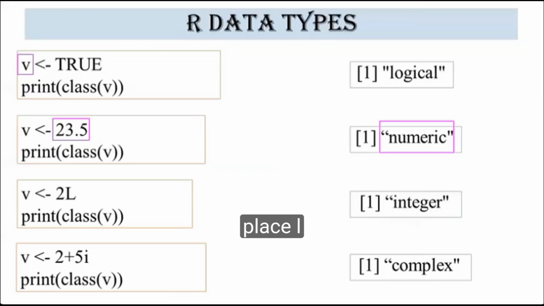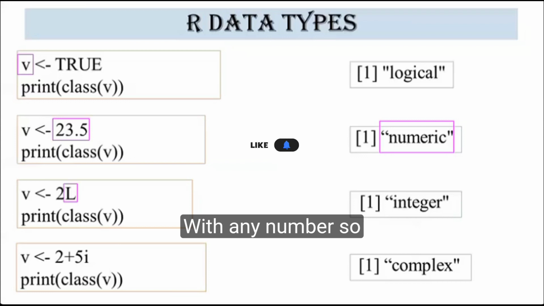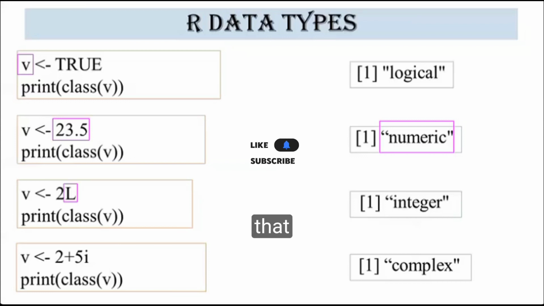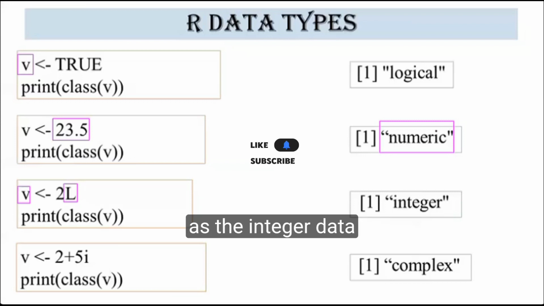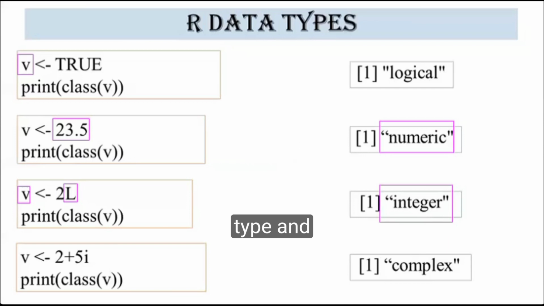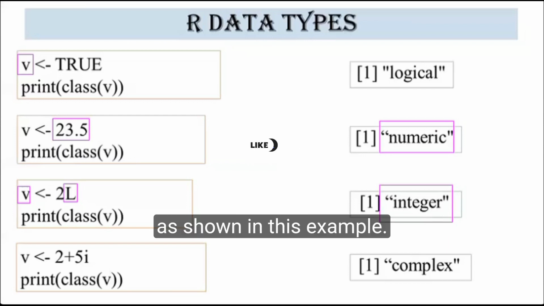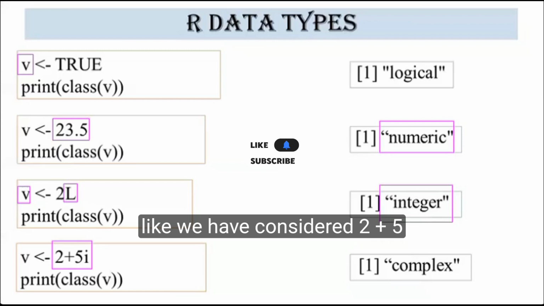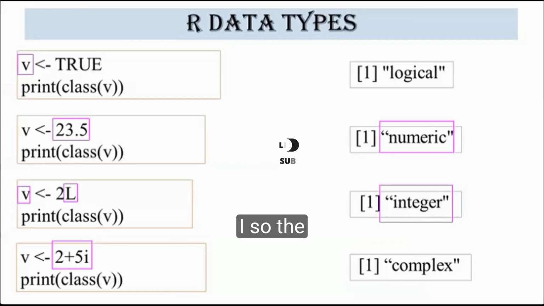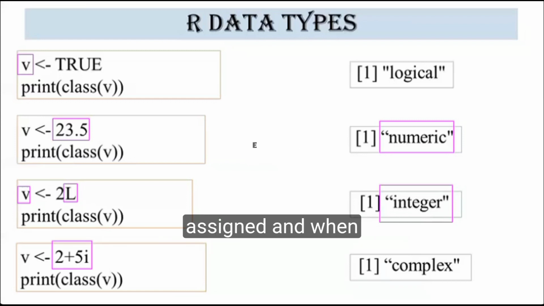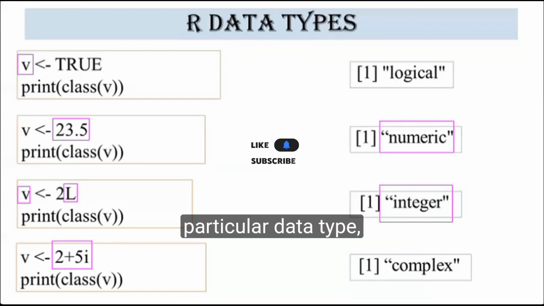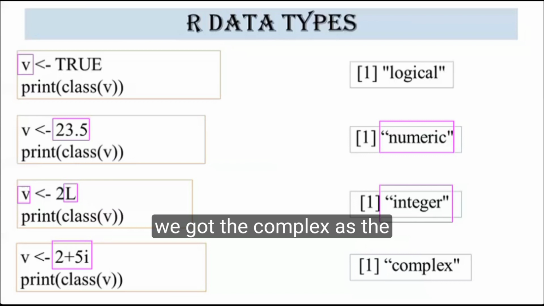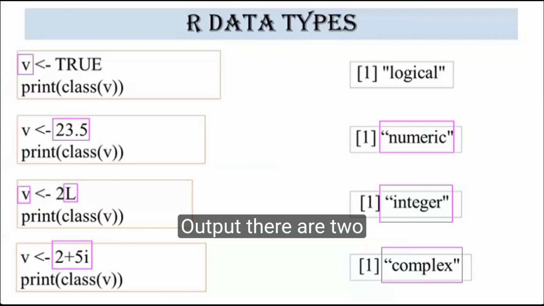When we place L with any number, the category of that variable will come under the integer data type. And as shown in this example, we have considered 2 plus 5i. So we have assigned an imaginary number, and when we try to see the class of this data type, we get complex as the output.